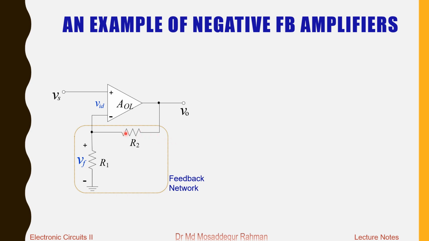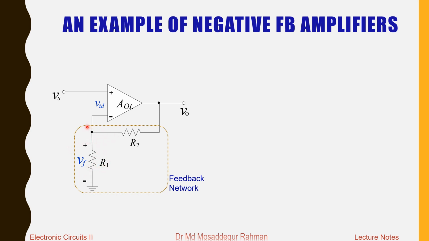Now see that R2 and R1, these two resistors, are basically a series combination and work like a voltage divider. What they are doing, these two resistors together, is sampling the output voltage V0, and a portion of that voltage will appear across R1, which we indicate as Vf.